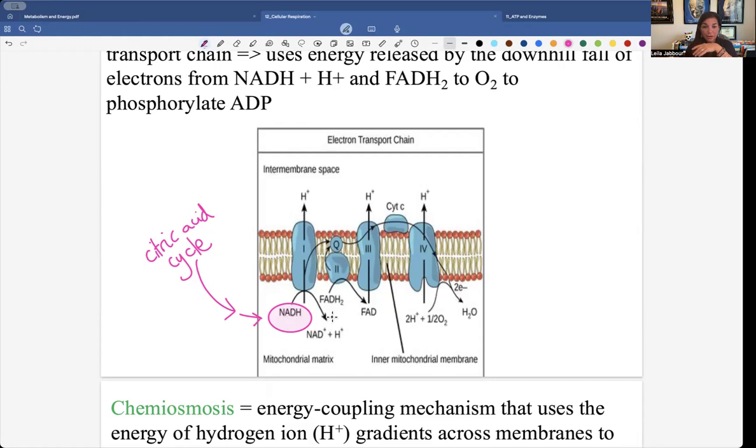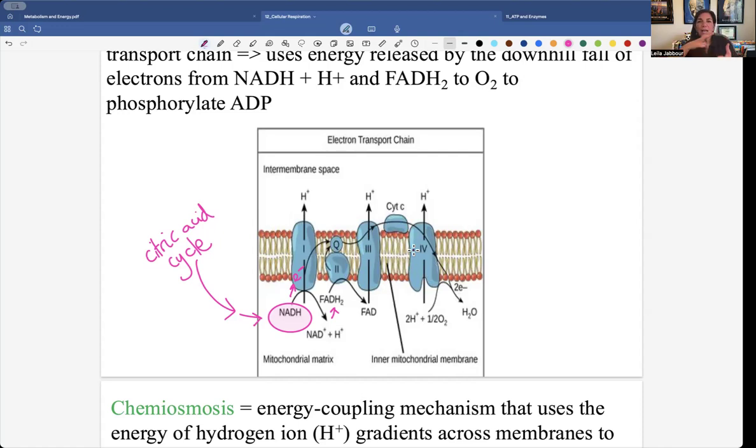This NADH comes in to dump its electrons in here. This complex at the membrane, these blue proteins sitting in the inner membrane of the mitochondrion, don't move. Their job is to grab these electrons from NADH and transfer them to the next one.